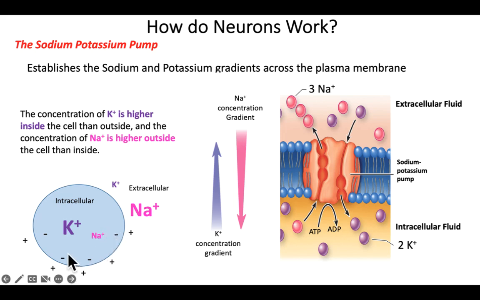Notice neurons tend to have more negative ions on the inside and more positive ions on the outside. This is the situation that has to be set up in order for a neuron to be able to produce an action potential. So we have to make sure we remember that.